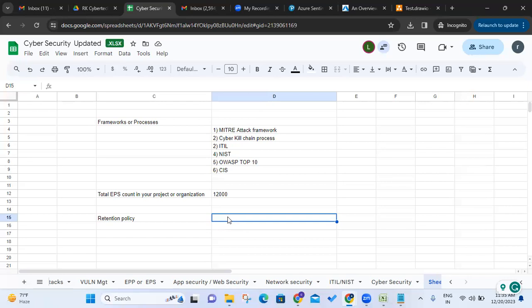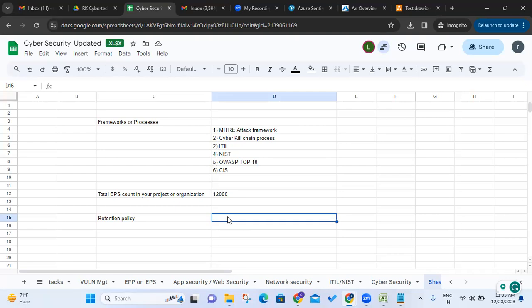For example, if you are choosing healthcare as a business vertical, the retention policy we are following based on my business requirement is HIPAA compliance and also ISO 27001. If you are selecting the banking sector or finance sector, we are following PCI DSS and SOX compliances and ISO 27001.